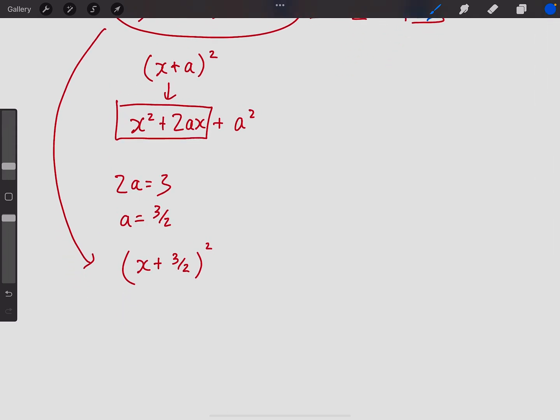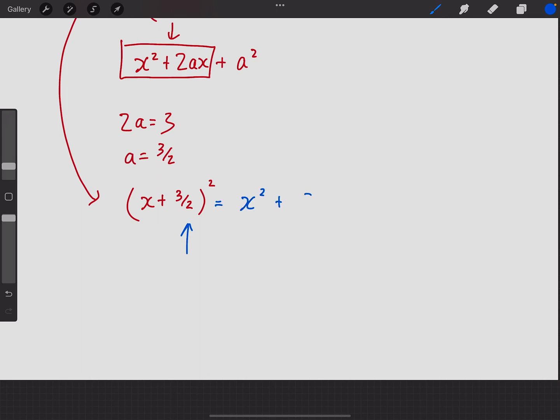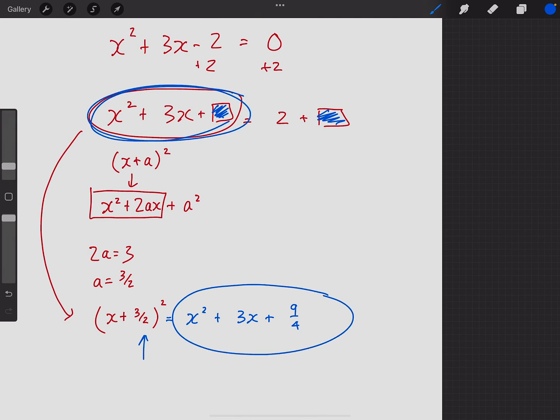Well, if we know our a is equal to 3 on 2, when you expand this, you're going to get x squared plus 3x plus 9 on 4 when you square this, right? Have a look at these two. The only difference is that this one doesn't have a 9 on 4, so we're going to add a 9 on 4 in here, and we're going to add a 9 on 4 over here as well.